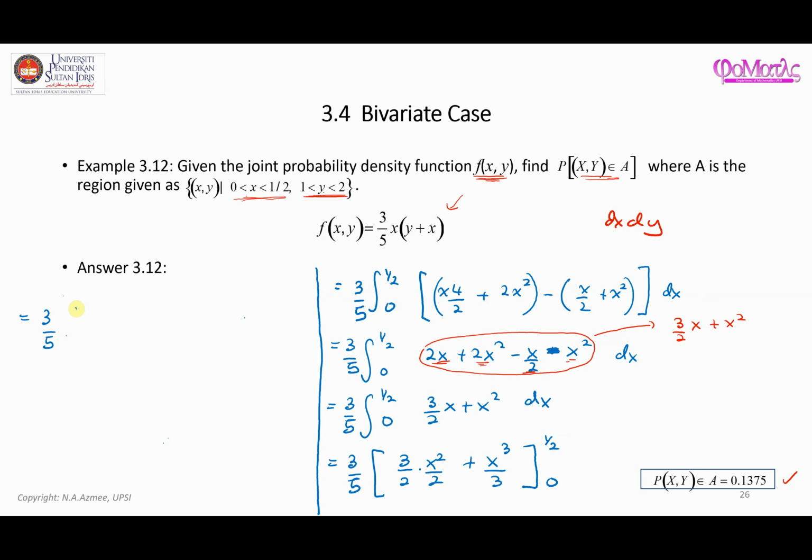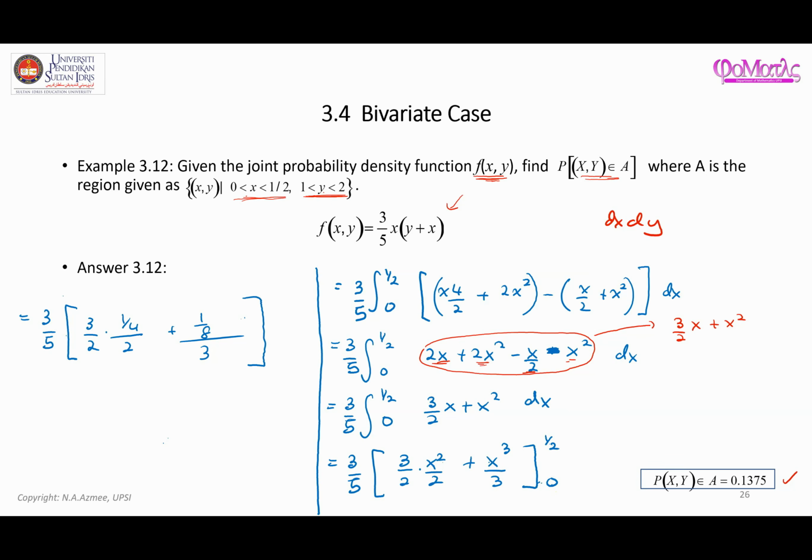Therefore the result can be written as such. So 3 over 2, x squared is 1 over 4, so this is 1 over 4 over 2. This one is going to be 1 over 8. So this is plus 1 over 8, this is over 3. And no need to subtract, because if you substitute 0 into this, it becomes 0.